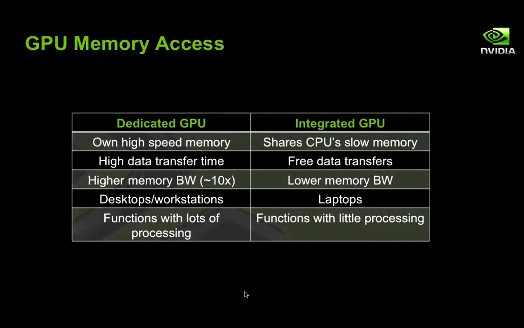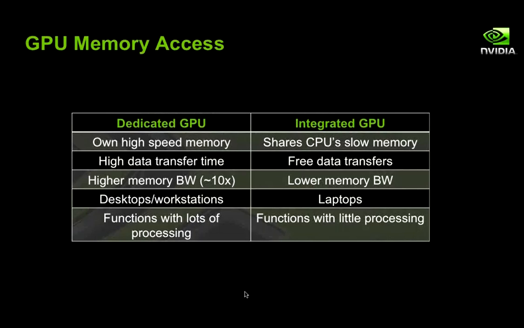An example of a discrete GPU could be in your desktop or workstation, and an integrated GPU could be in your laptop. There are some pros and cons to how you access memory on both of these. The discrete or dedicated GPUs have their own high-speed memory, whereas integrated GPUs share the CPU's slower memory.